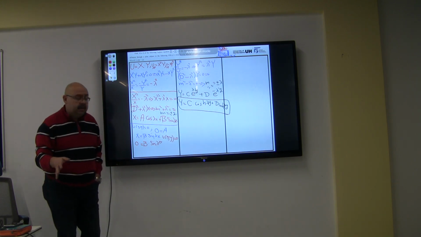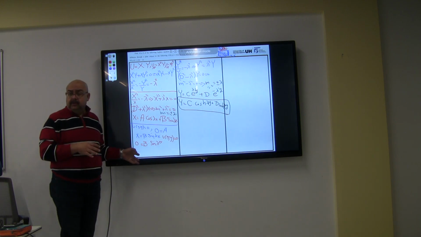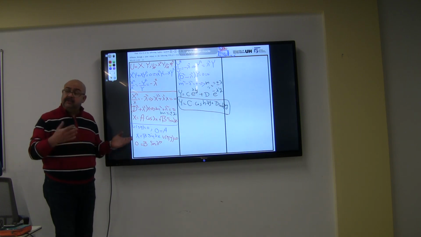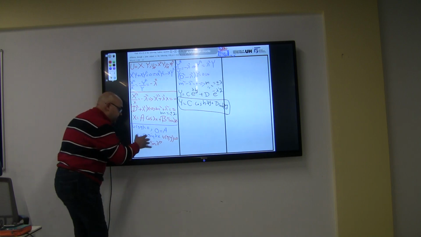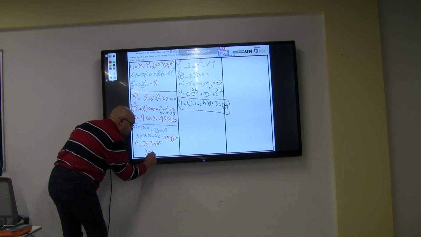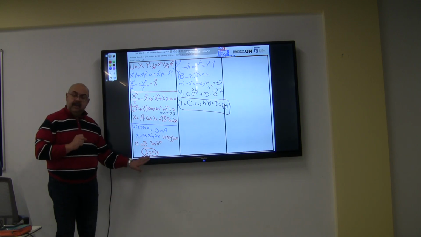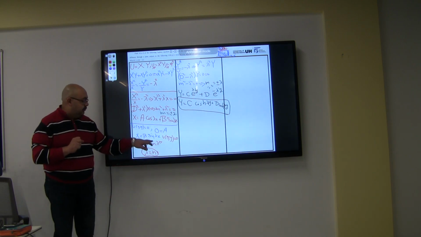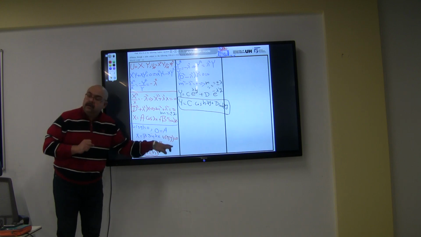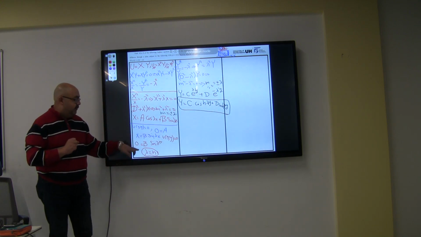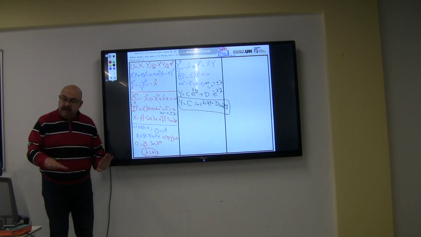Similar debate: you can't have b equal to 0, because if b equals 0 the solution is trivial. So from this step you will have lambda pi equal to n times pi, and so you will end up having lambda equal to n.